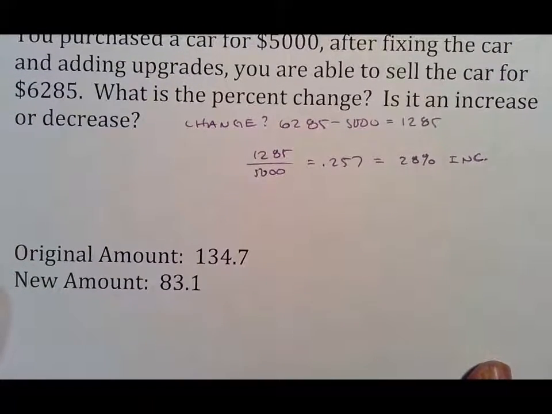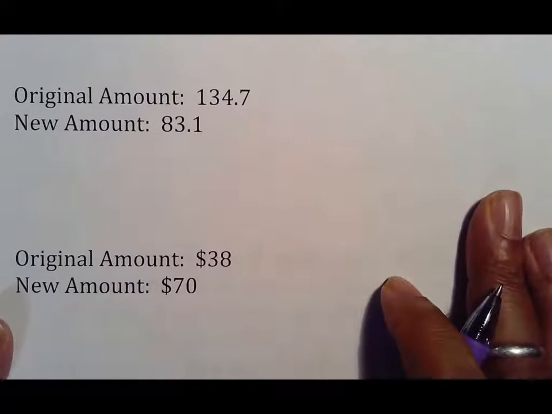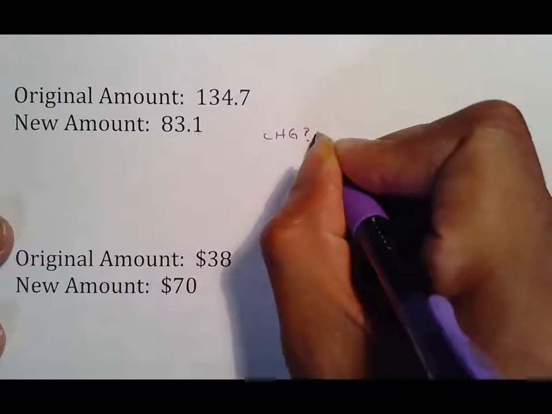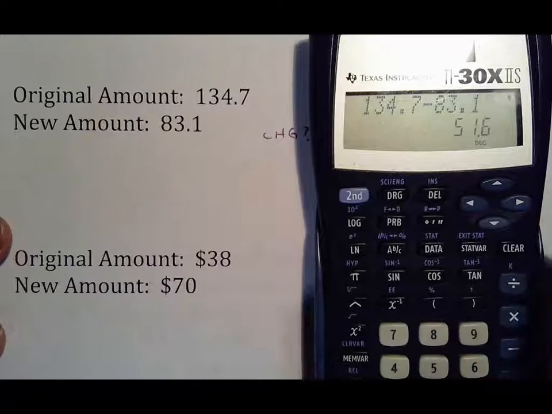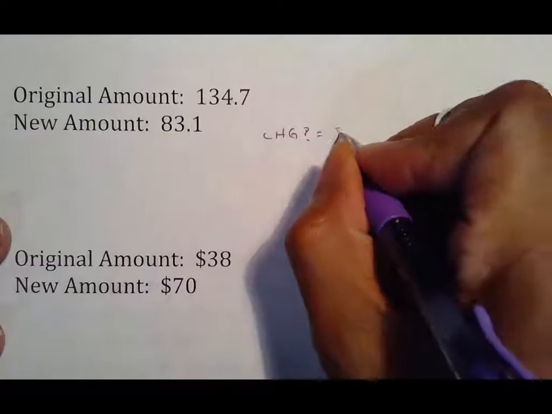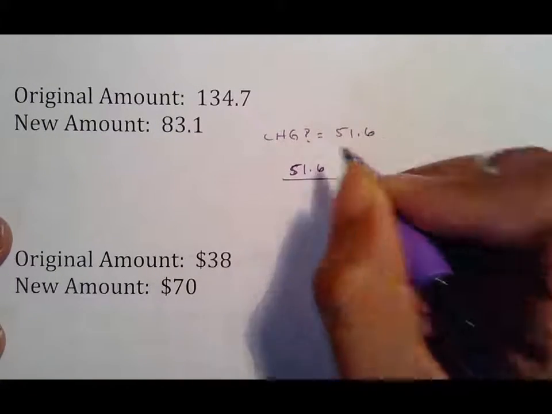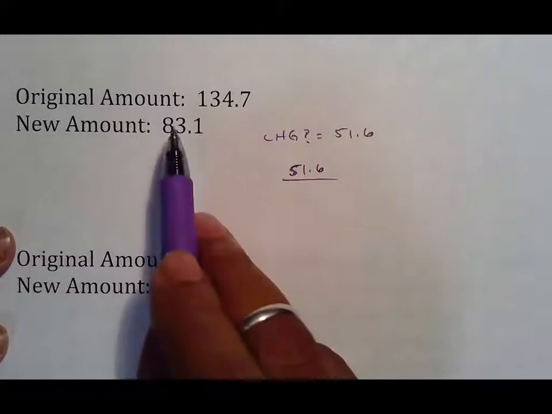Alright. Then you'll see some basic questions like this. Original amount, new amount. Again, first thing we need is the change. And so we'll do 134.7 minus 83.1, which is 51.6. Again, that's going to go on the top of the fraction because that's the amount of change. Remember, you divide it by the original. Again, the issue I see is people divide by that.